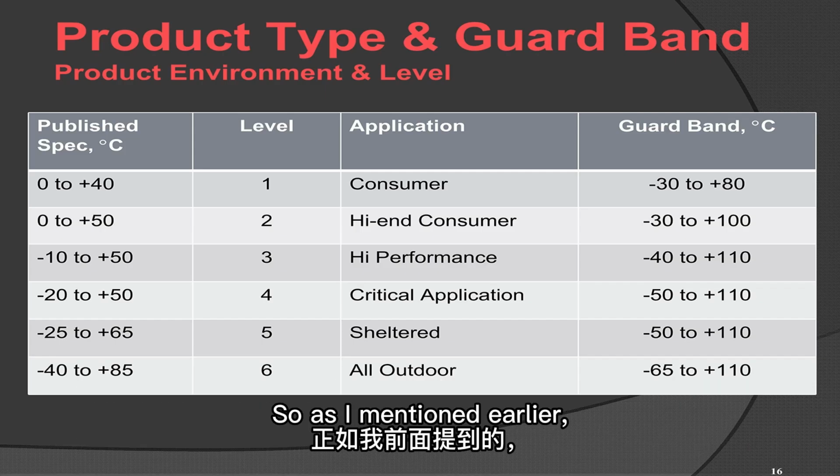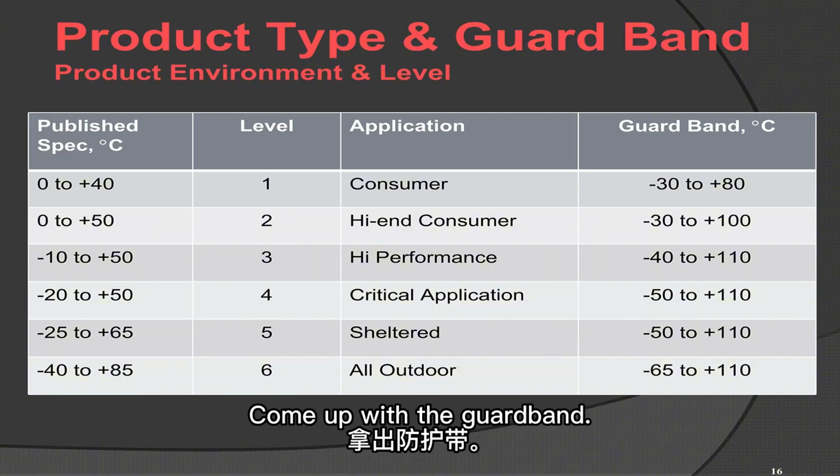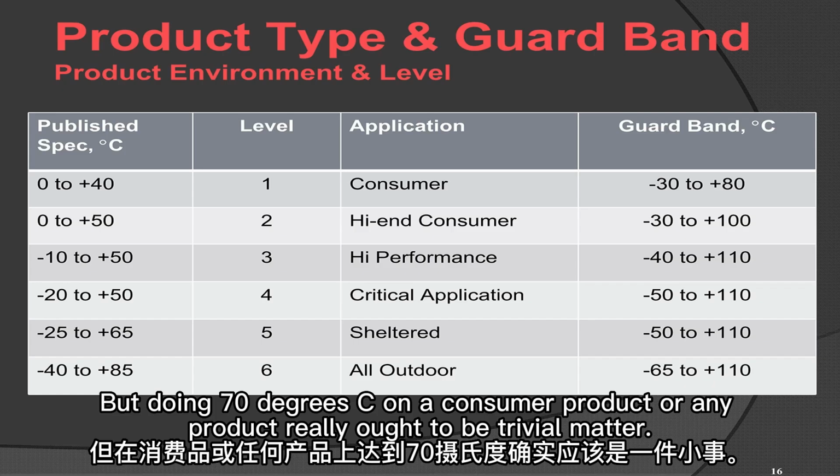So as I mentioned earlier, we'd add 30 to the limits to come up with the guard band, but doing 70 degrees C on a consumer product or any product really ought to be a trivial matter.